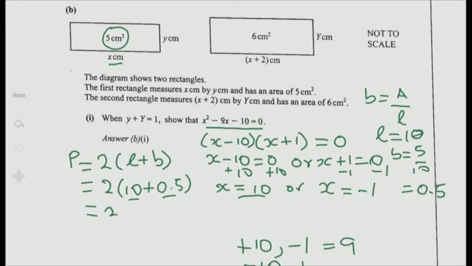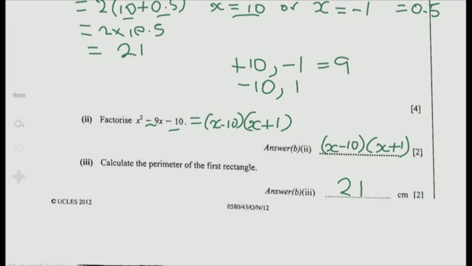So we'll have 2 times 10.5, which is equal to 21. So that's our perimeter. We're saying it's 21 for that smaller rectangle. Right.